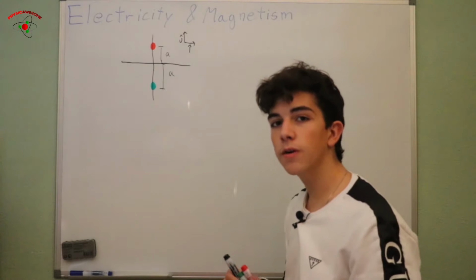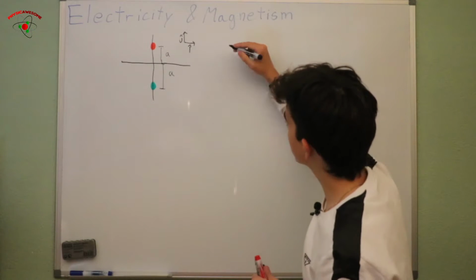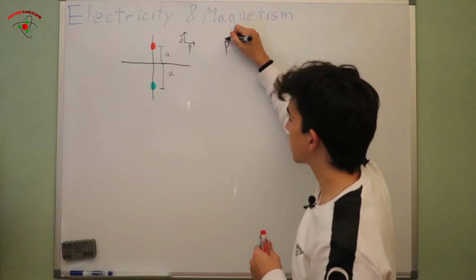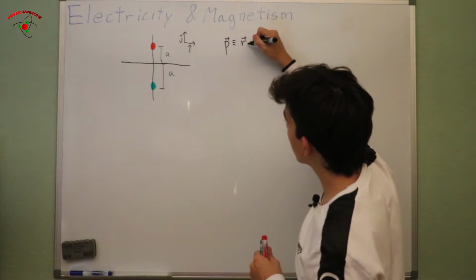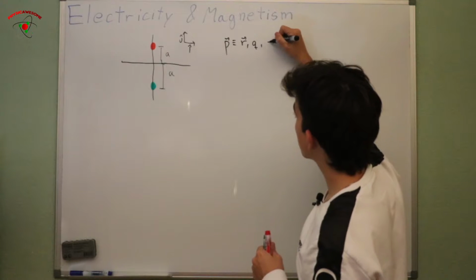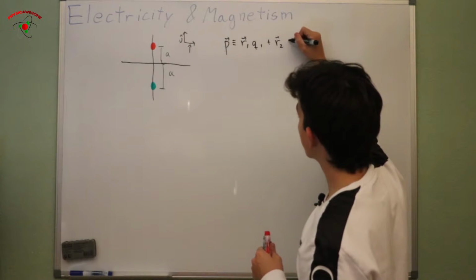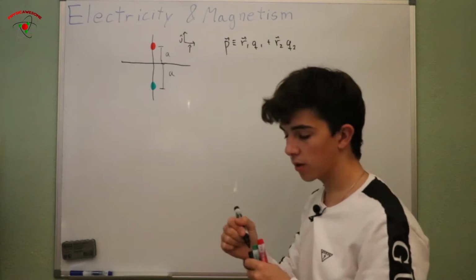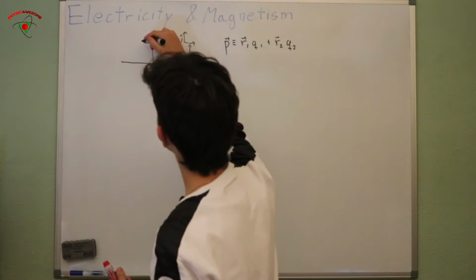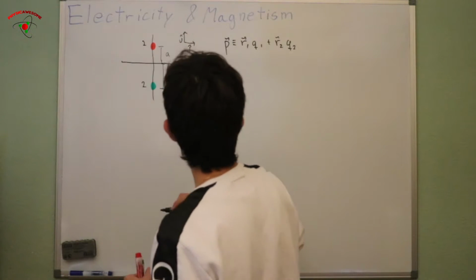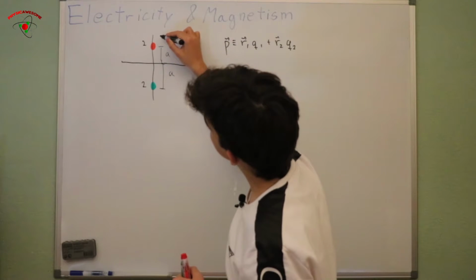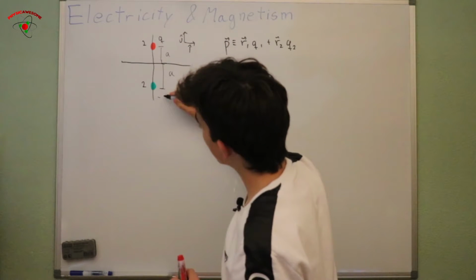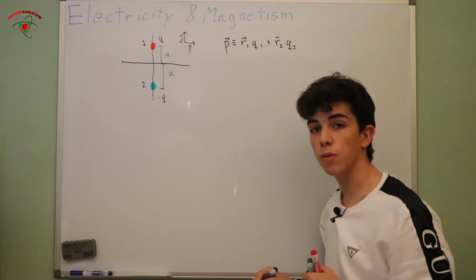We are going to define dipole moment, which is going to be represented with a p, as r1 times q1 plus r2 times q2. Therefore, let's denote this as 1 and this as 2. In this case, let this particle have charge q and let this one have charge minus q.